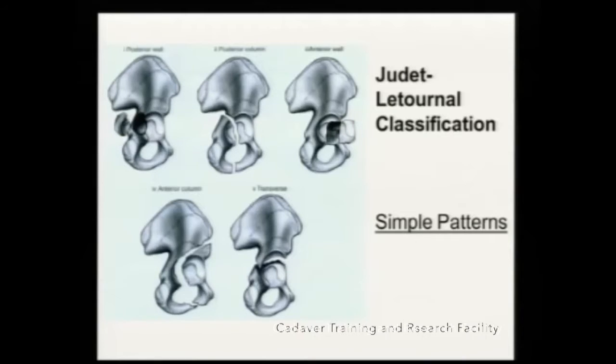Similarly, with the anterior wall, intact obturator; broken makes it an anterior column, and a transverse fracture. A transverse fracture goes through both the columns, but it is not a both column fracture. We'll come to that in a minute. So remember that in simple patterns, there is only a single fracture line. That is how these patterns are enumerated.